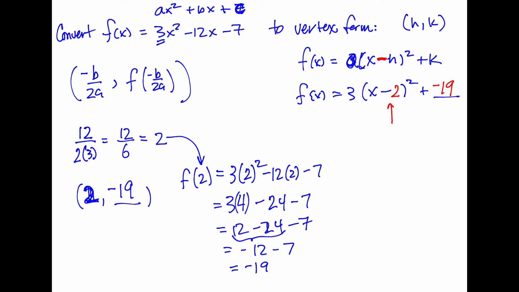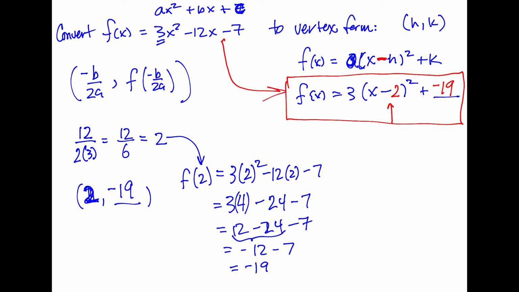The actual value of h is the opposite sign of what we're seeing, but the value of k is what we see. You could write it as plus negative 19, or just minus 19. Either way, this is an alternative and much simpler way of converting from standard form to vertex form.